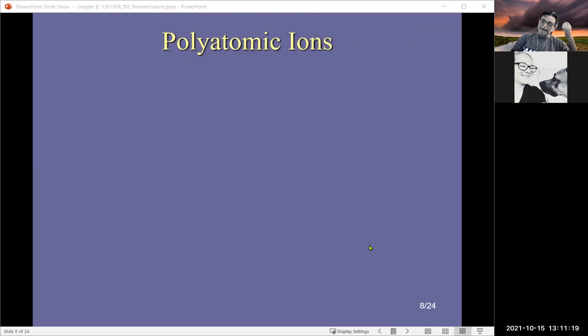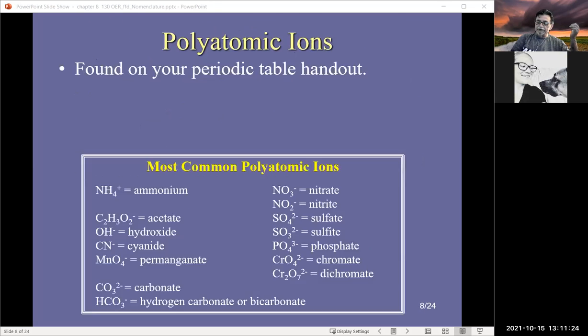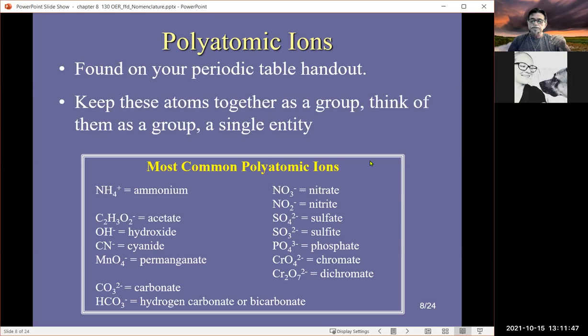All right, we were talking about polyatomic ions. Let's go back up there. On your periodic table, on the far left, we have a table of what are called polyatomic ions. The takeaway is that these things are units. We keep them together, and they each have their own specific name.